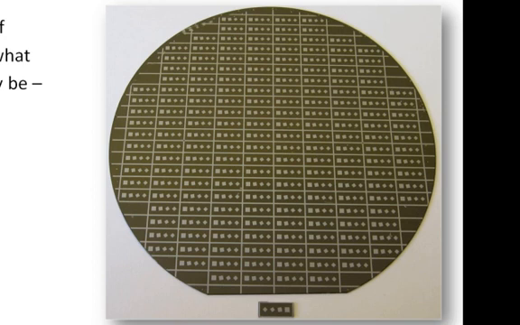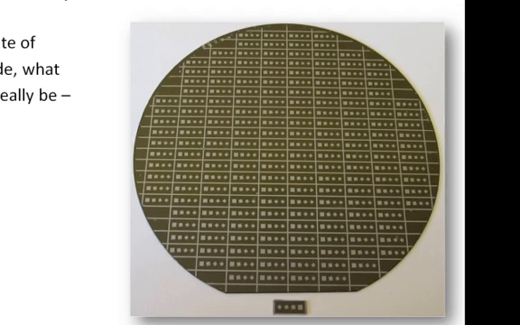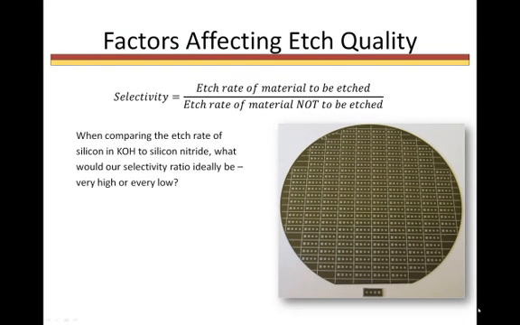Therefore, we do not want the silicon nitride layer to be removed or etched away before the silicon is completely etched through. So in thinking about the term selectivity and comparing the etch rate of silicon to silicon nitride, what would our selectivity ratio ideally be? Very low or very high? You can pause this video and think about the question for a moment.